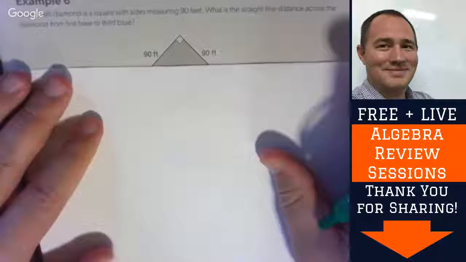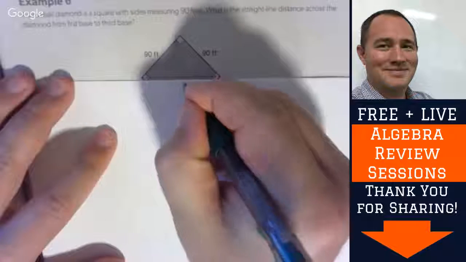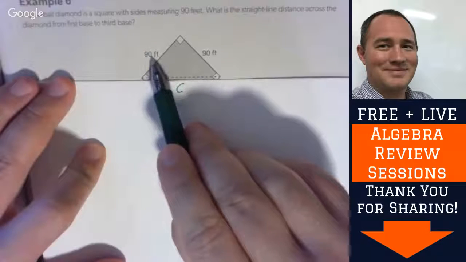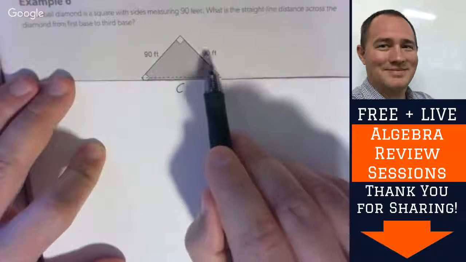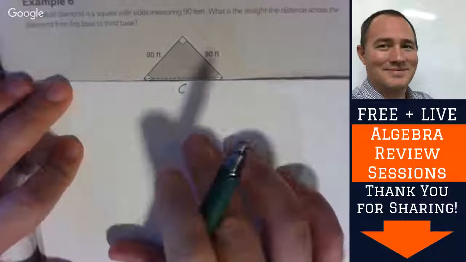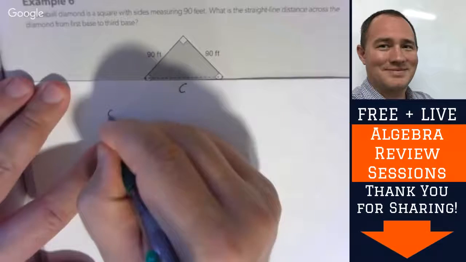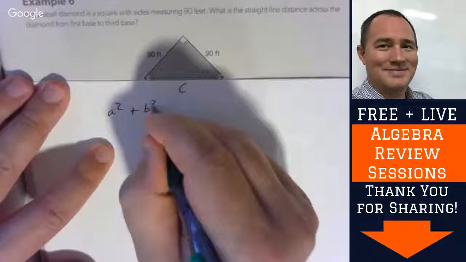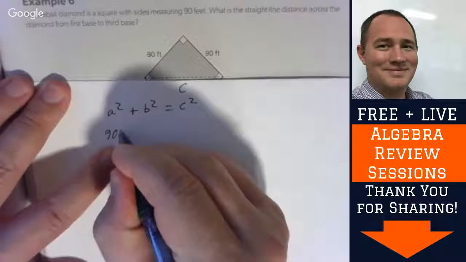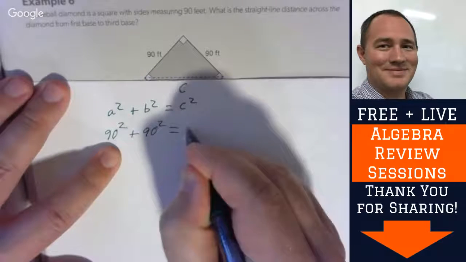one half of this square up here. And this spot here is our C that we're looking for. That's our hypotenuse. And our A might be over here at 90, and our B is over here, also 90. So if we do that, then A squared plus B squared equals C squared. 90 squared plus 90 squared equals C squared.